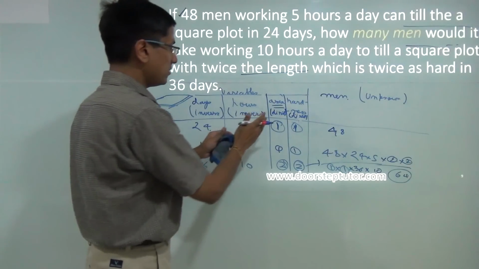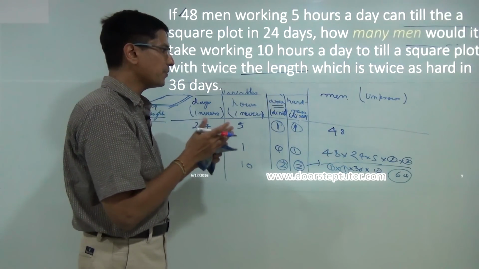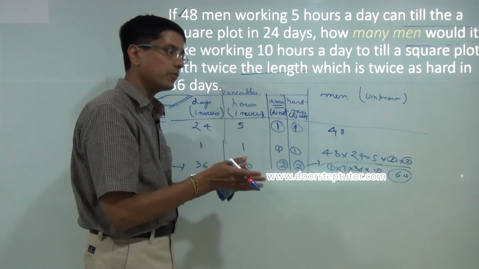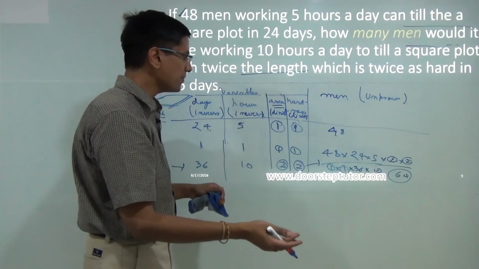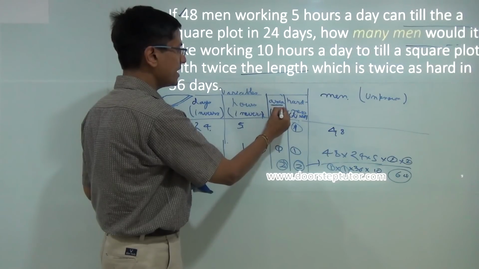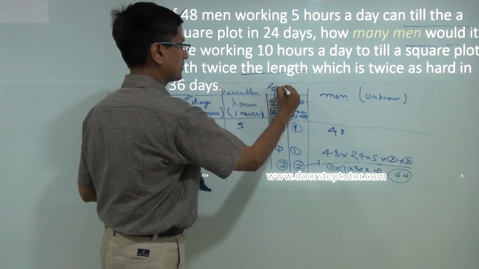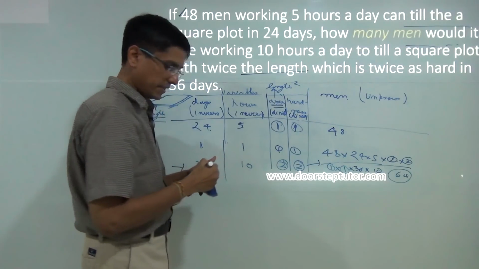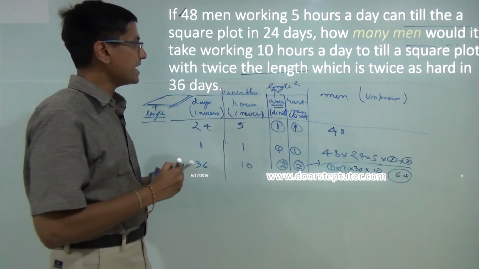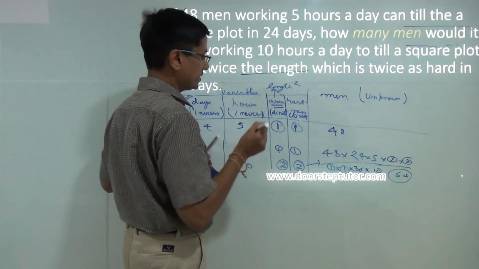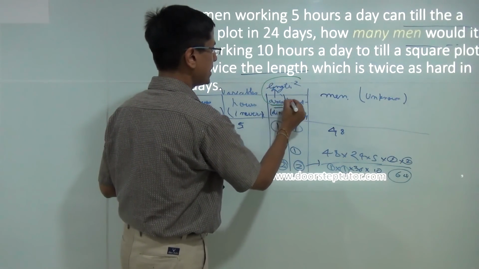But the amount of work that the workers have to do depends upon the area. This thing varies as the square of the length. The area changes as the square of the length, and that is the trick involved here.